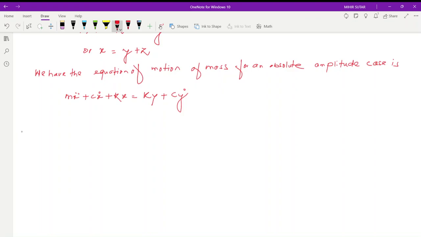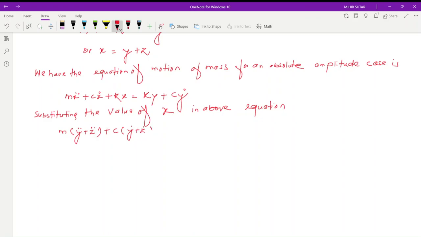Now substituting the value of x in the above equation, we'll have m (y double dot plus z double dot) plus c (y dot plus z dot) plus k (y plus z) is equal to k y plus c y dot.